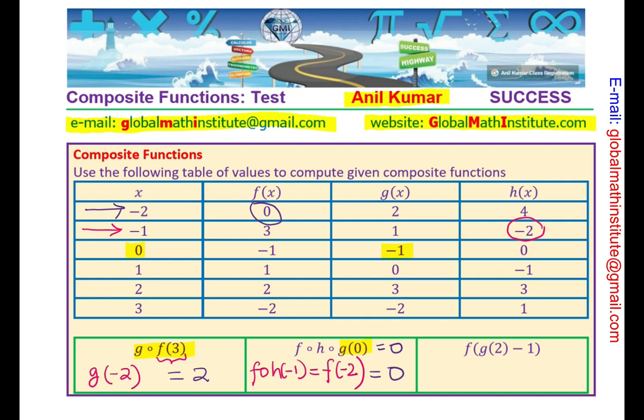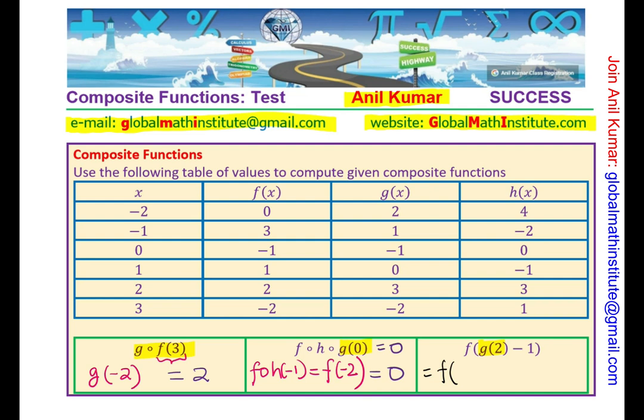The last one here is f of g of 2 minus 1. So let's try to do this. So the inside function, once again, which is g of 2, is what? When x is 2, g of 2 is 3.